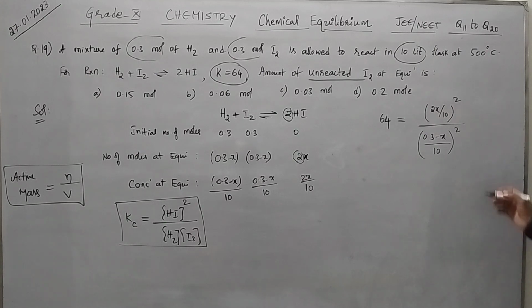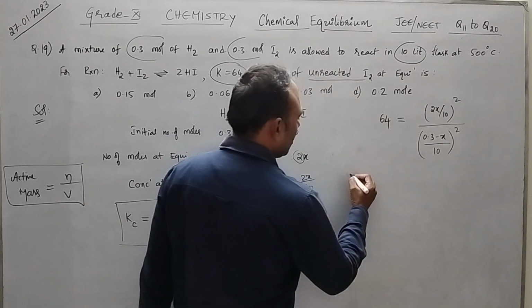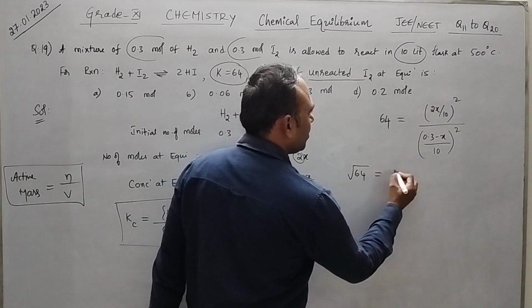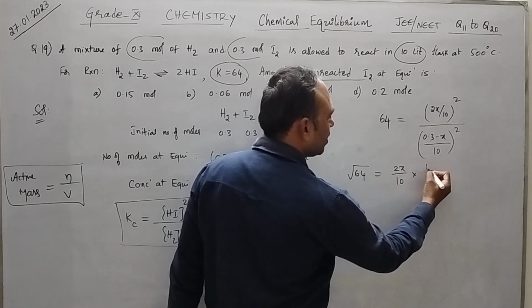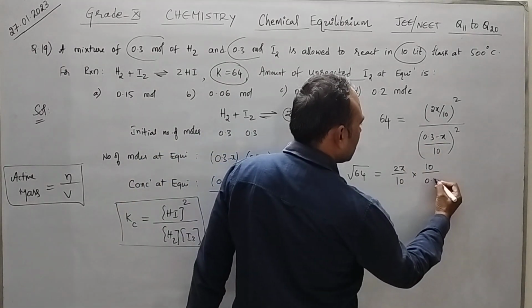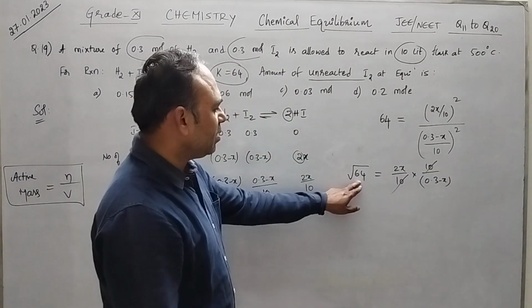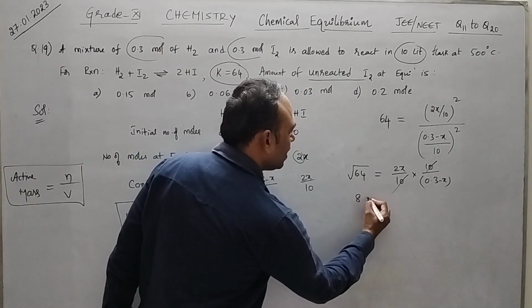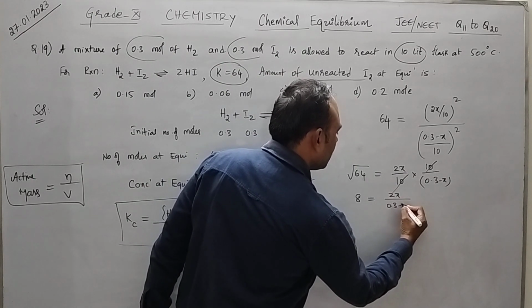Next step. To remove this square and calculate x, take the square root. Root 64 is equal to 2x by 10 into 10 by 0.3 minus x. Cancel 10, and root 64 is 8. So 8 is equal to 2x by 0.3 minus x.